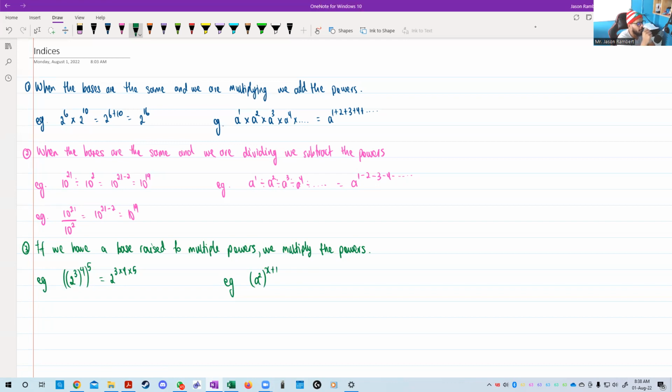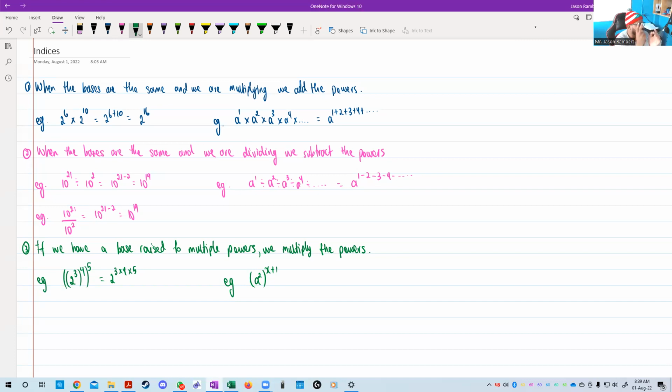And I'm going to say this from now. If you have more than one term on a power, meaning x plus 1, that is more than one term. In the previous example, 2 to the power 3, my power is 3, then I have another power of 4, then another power of 5. But in the second example here, I have A to the power 2. 2 is one term, raised to the power x plus 1.